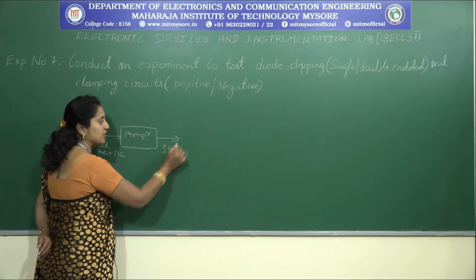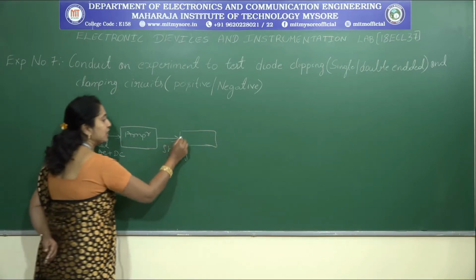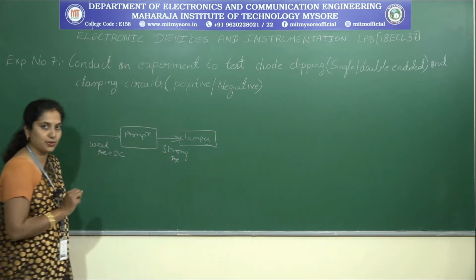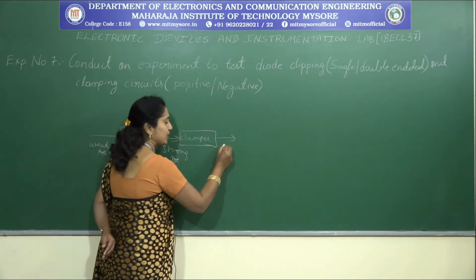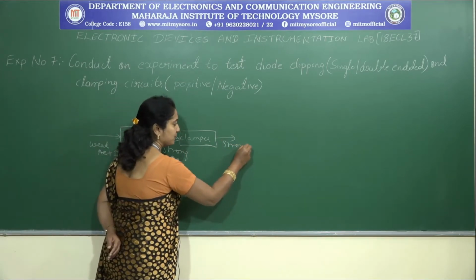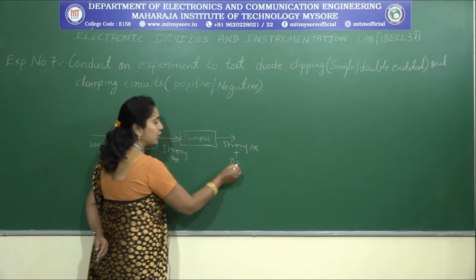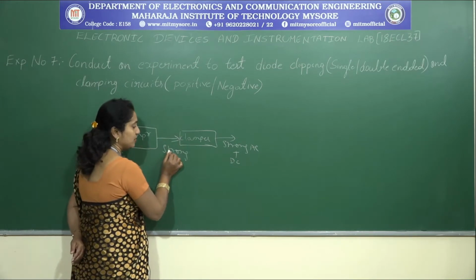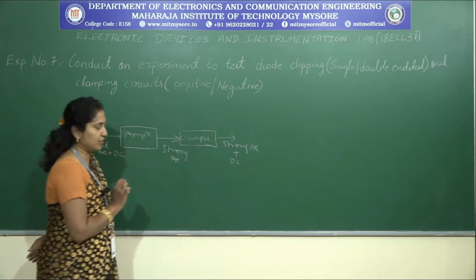So, it will be a strong AC. To this strong AC, you have to add a strong DC signal, so you use the clamping circuit. The clamper circuit you are going to add. So, with the strong AC, you will be getting the strong DC. That means with this AC input, you are getting a strong AC plus DC output.